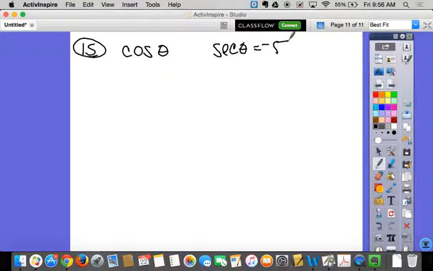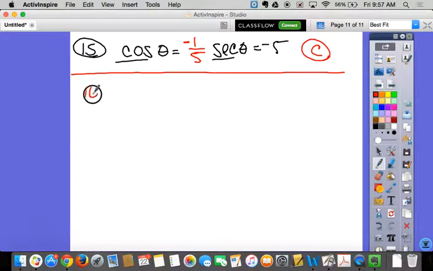Basically, what in the world is the relationship between cosine and secant? They're reciprocals, right? So if you want to get cosine, you take negative 5 and you turn that upside down. So that would be negative 1/5. There's nothing to rationalize. It's just option C. Now see, I do have some easy questions in with the nasty ones.